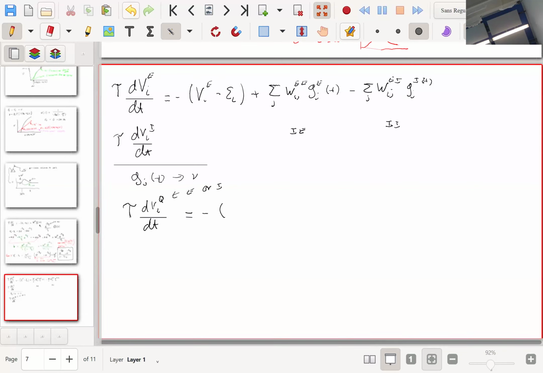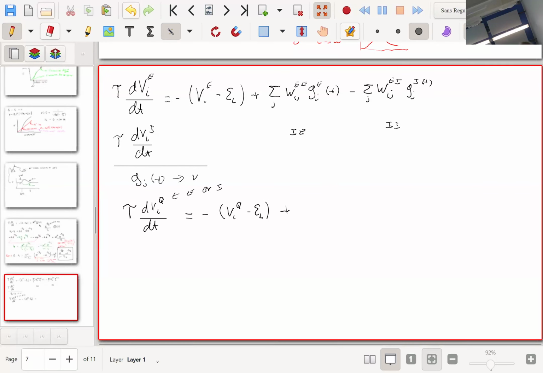Minus (V_Q minus E_leak) plus... We're going to do two things. The other thing we're going to do is, looking at W_ij, W_QE goes to W_QE if there's a connection.